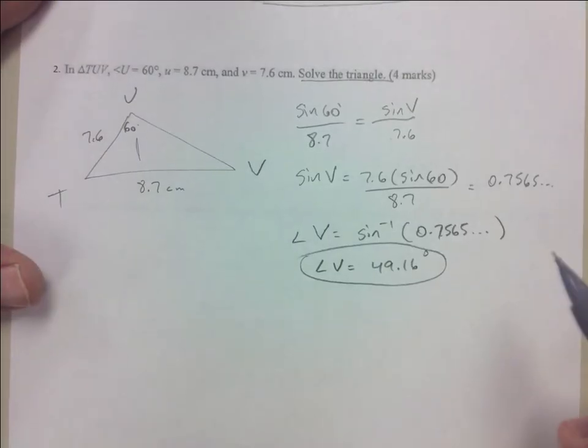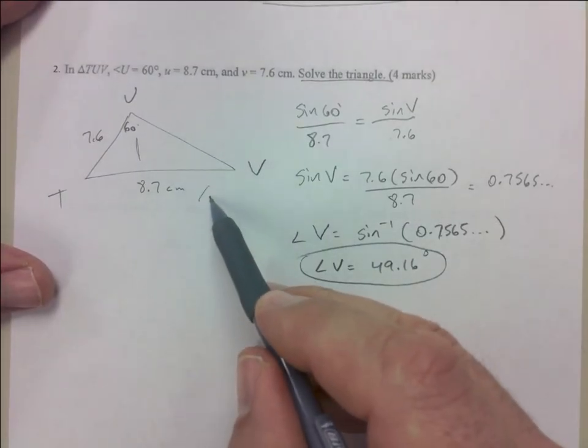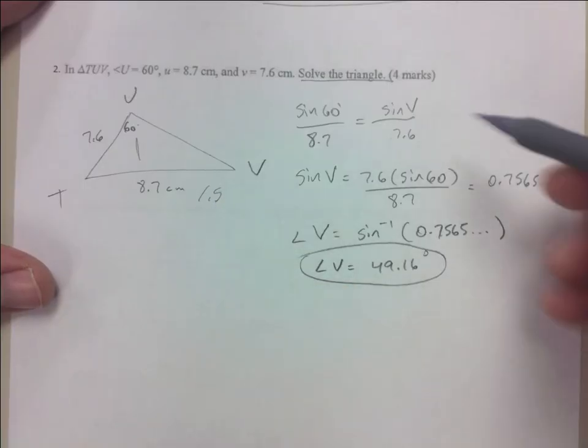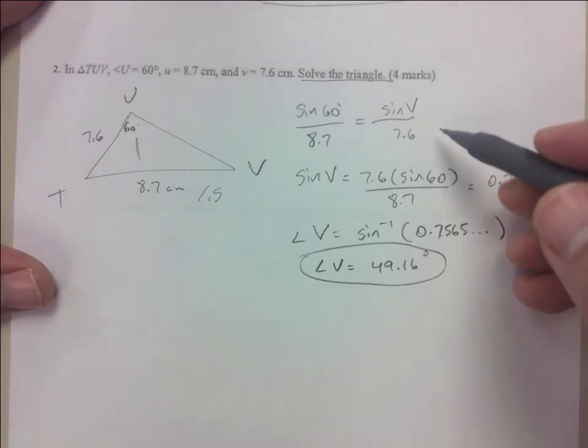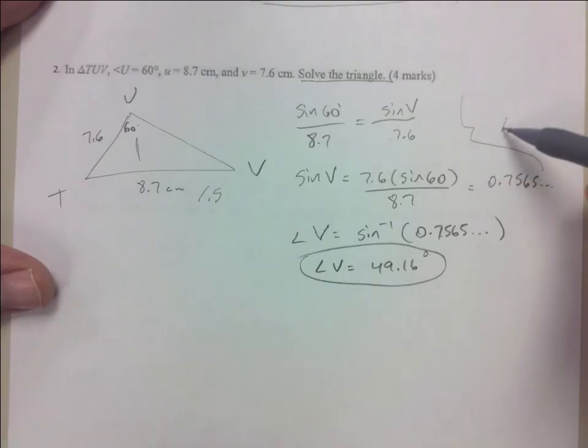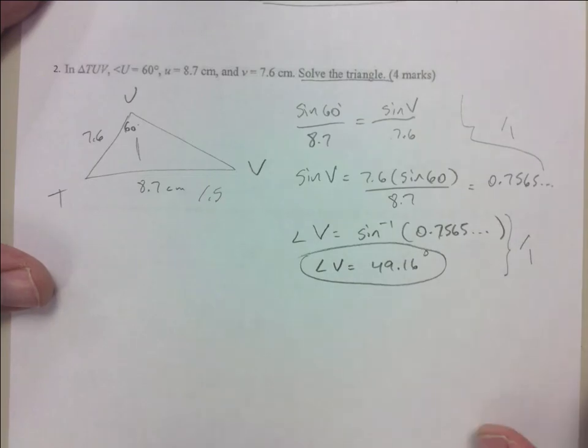Now, marks. I'll give you half a mark for your diagram. The marks are going to change, by the way. It's not going to be 4. I'll give you 1 mark for the setup and some of the work, and then inverse and final mark, another mark. Okay, so 2.5 for this.